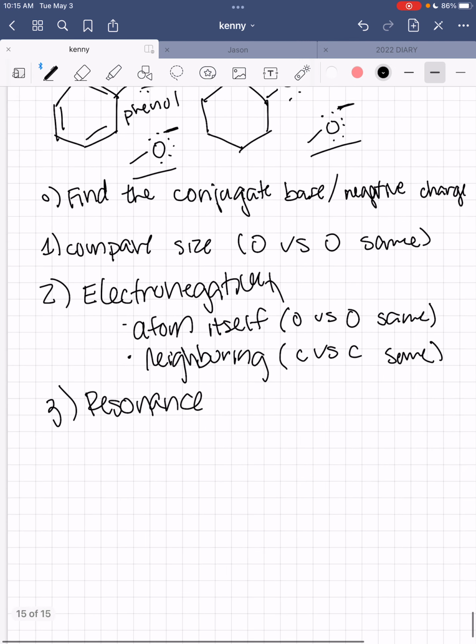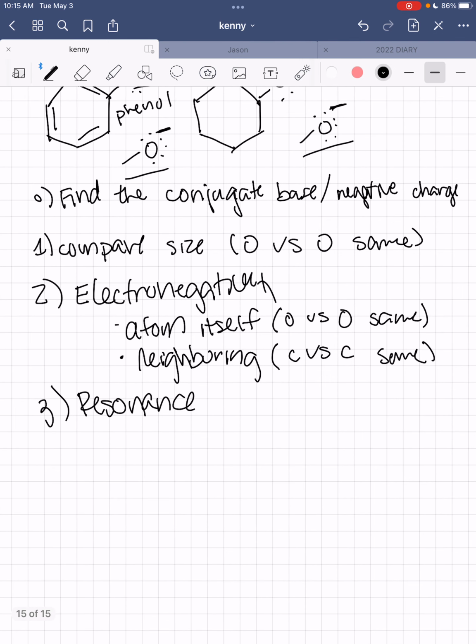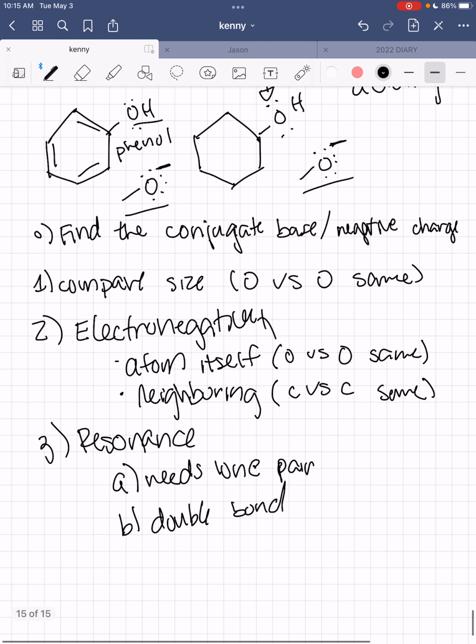For an atom to have resonance, it needs a lone pair, and then the neighboring atom needs a double bond. So which one of these has a lone pair and double bonds? It's phenol. This is how you should visualize drawing resonance.